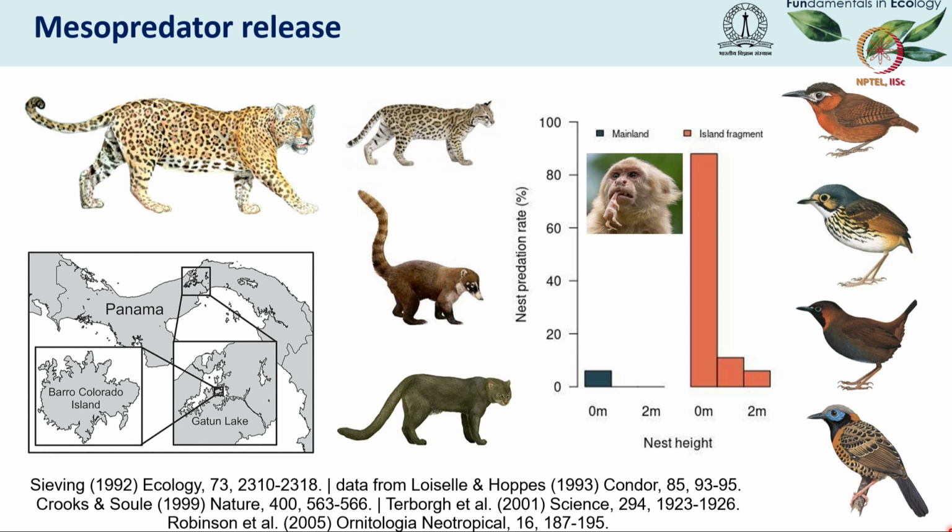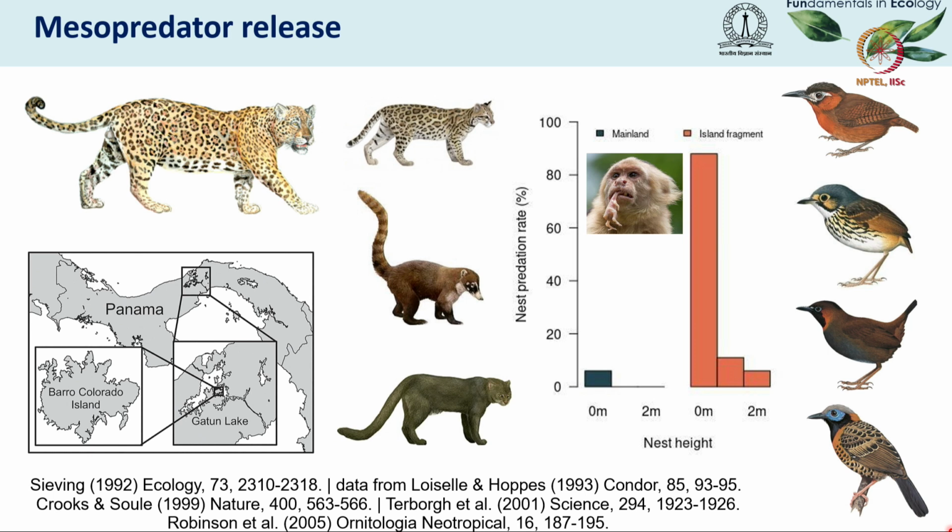Jaguars were preventing the activity and lowering the abundances of what are called mesopredators, or middle-sized, mid-level predators. These are things that are smaller than the jaguar, cats like the ocelot, the jaguarundi, and species like the coati. These mesopredators feed on the nests of birds. If they find a nest, they'll feed on the eggs or the nestlings.